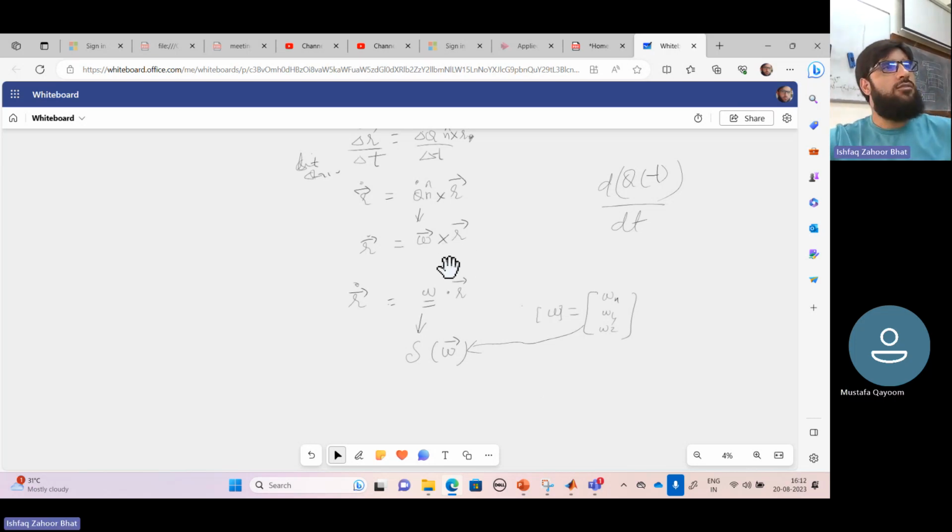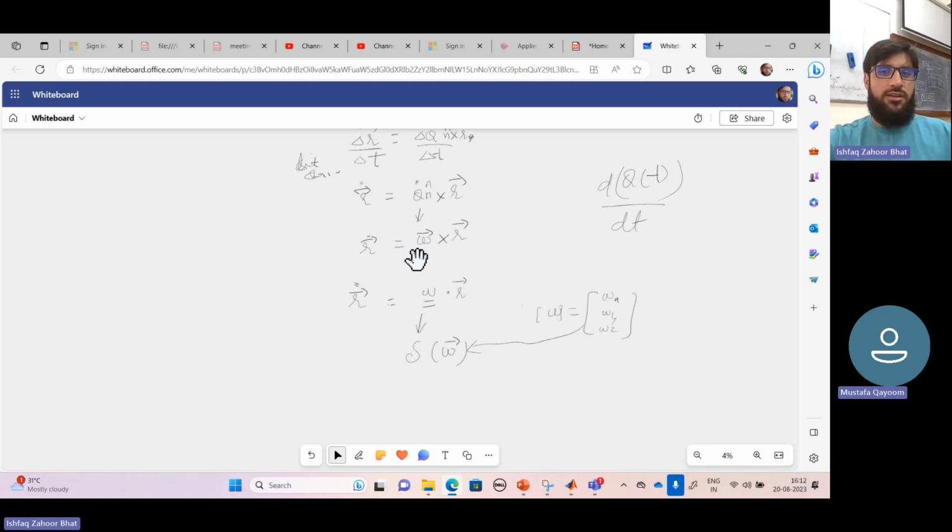So if I am dealing with matrices, I need two matrices which I can multiply with. Associated with this omega, I have this skew symmetric matrix, which I can take dot product with the column vector. Are you getting my point?